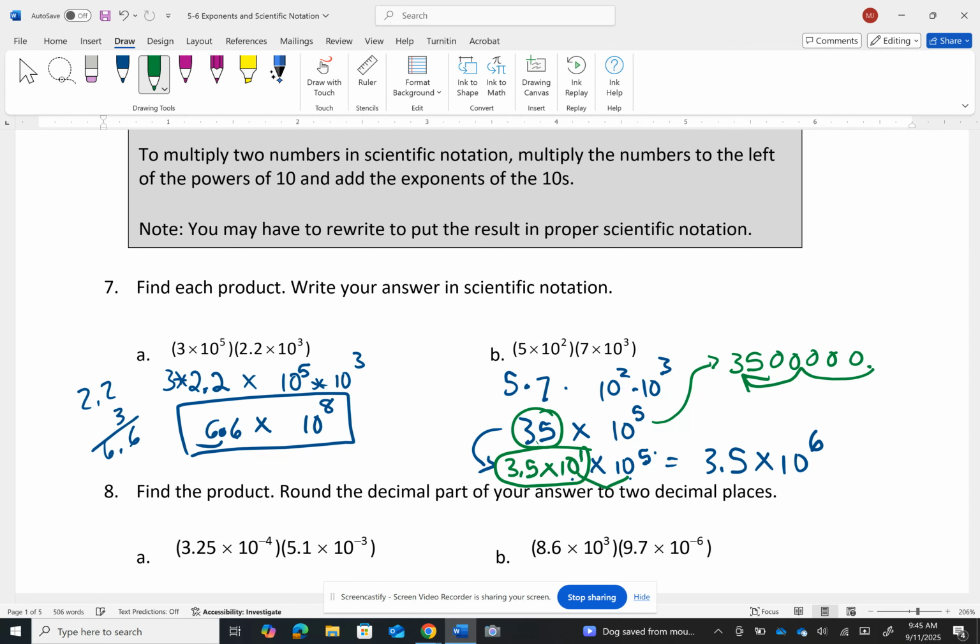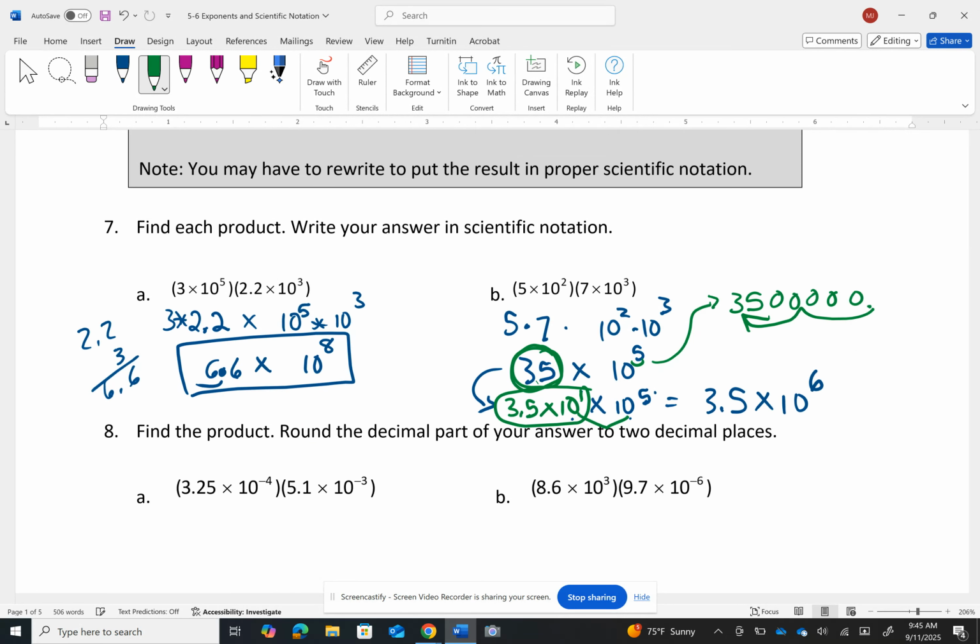All right, another thing you could think too is 35 needed to be made smaller. So like when I'm doing that, 35 needed to be made smaller by 1 decimal place. So I'm going to balance that out by adding 1 to the 5. Okay.